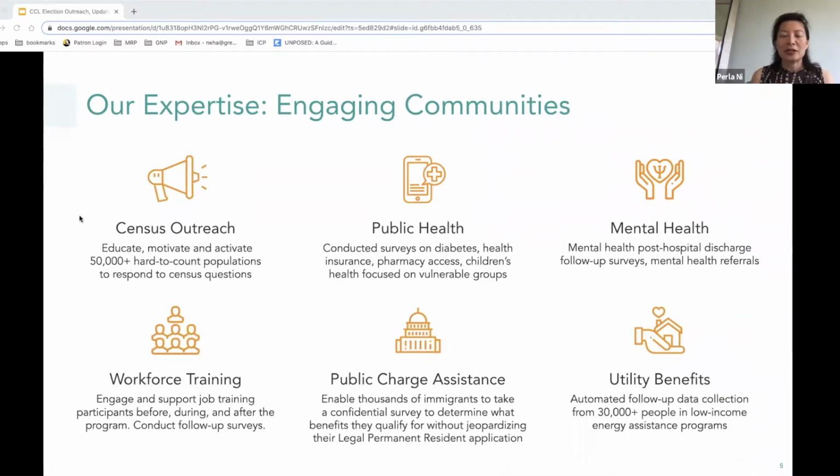In addition to elections, which we'll talk about today, our background is in doing census outreach, where we've been working with communities across the country to ensure a fair and accurate census. We've also done work in public health surveys, mental health, workforce training, public charge assistance, as well as utility benefits.